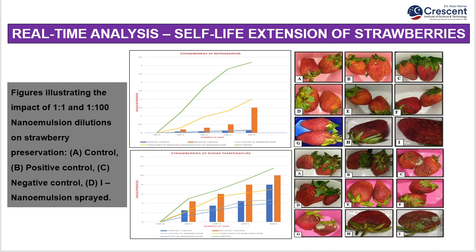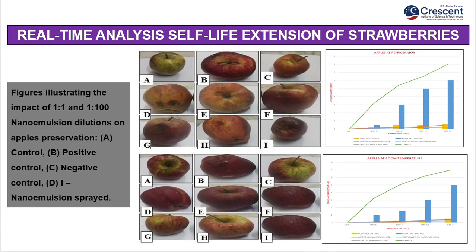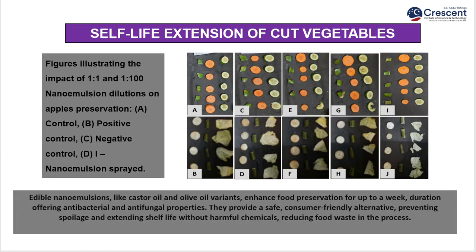We even tried with apple, and we have seen the same kind of results. We actually displayed this in some exhibition. Somebody asked, can we do it on cut vegetables?